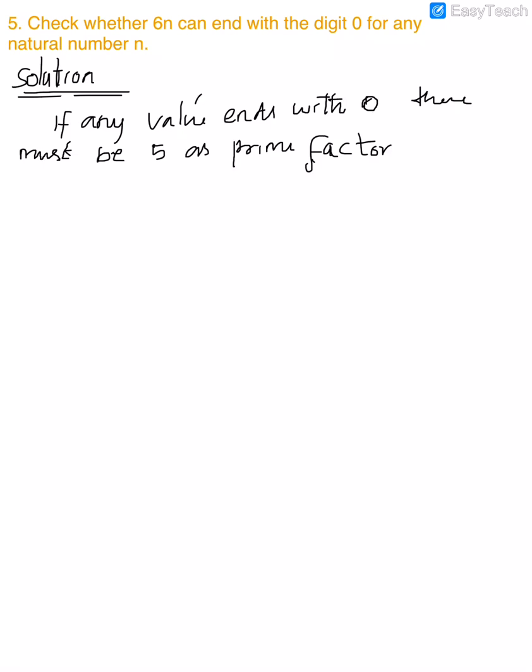Next step, we need to check whether 6^n has the factor 5 or not. For that I want to split it as 2 into 3, to the power n. You can clearly see that 2 and 3 are the only factors of 6, no other factors.